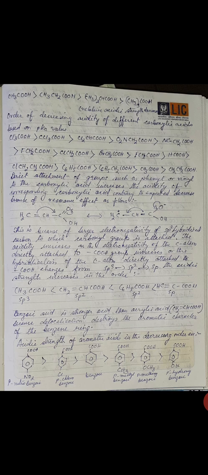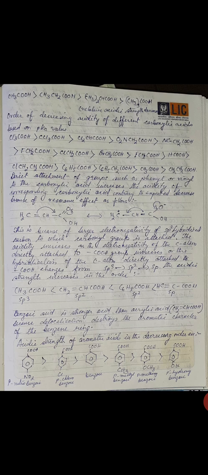The acidity increases as the electronegativity of the carbon atom directly attached to the COOH group increases, or the hybridization of the carbon atom directly attached to COOH changes from sp3 to sp2, sp2 to sp. The acidic strength increases in the order.